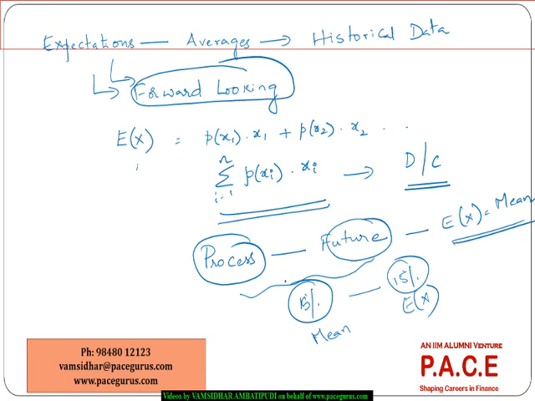But in general, in many financial applications and in the world of risk management, we generally assume that whatever process has generated the historical data is going to be more and more consistent and constant even in the future. So that's a major assumption that we make in the financial and risk management world.